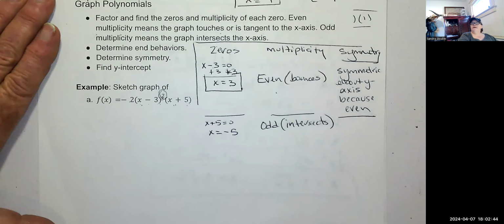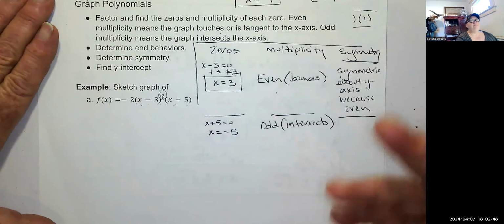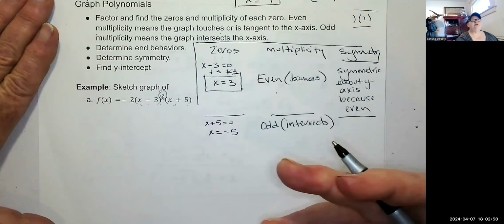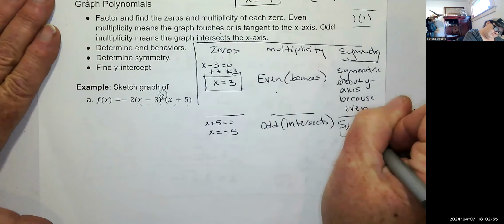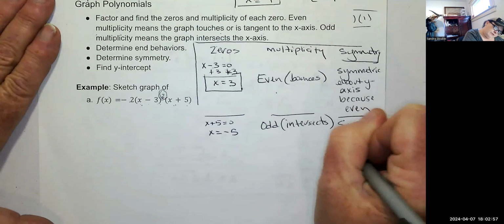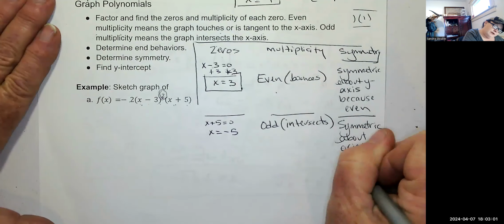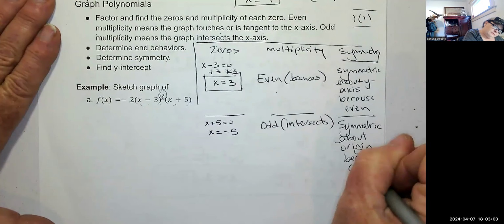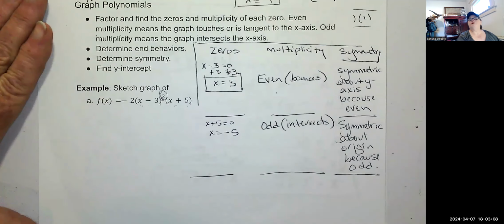And then symmetry for odd: we've talked about this before briefly. It's symmetric about the origin, because odd. You need to know why, not just which one.